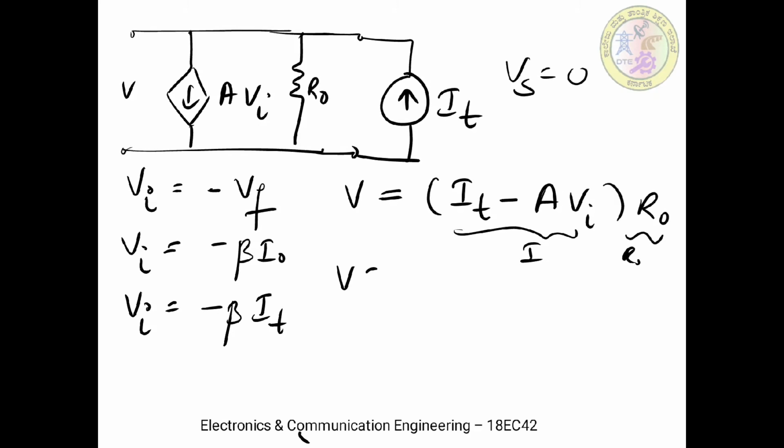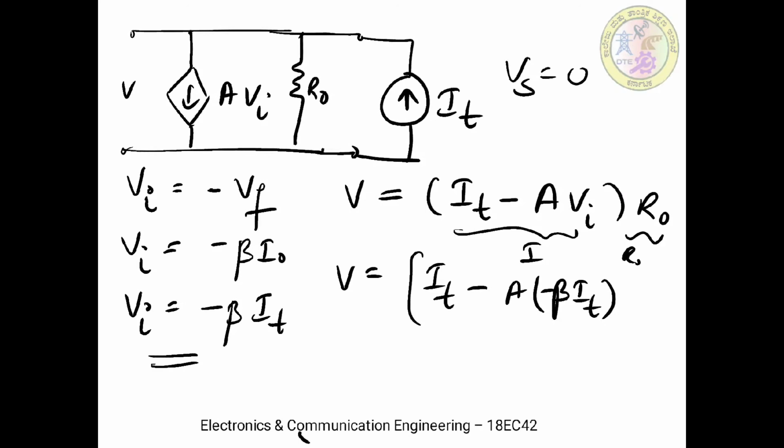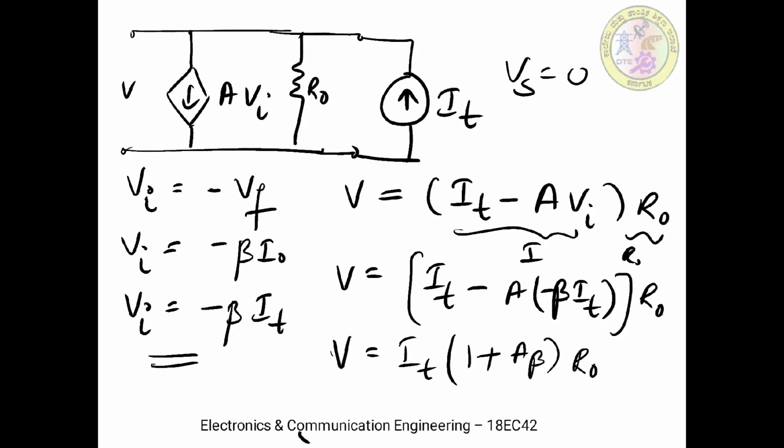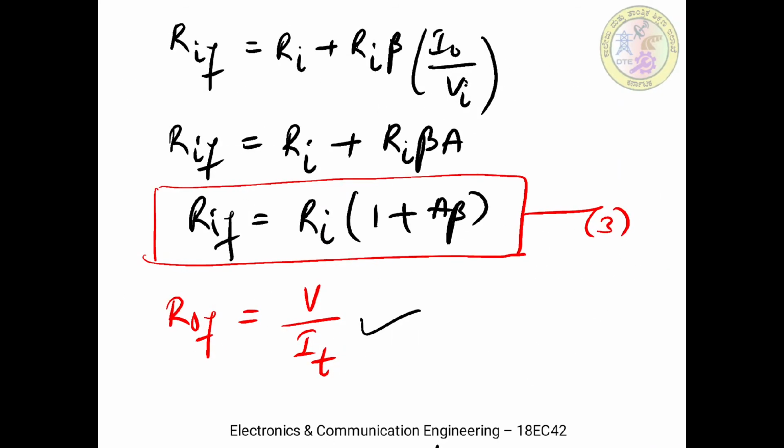Or V is equal to IT minus A into Vi, which we have just derived is equal to minus beta times of IT, and this into R0. So V is nothing but, we can take IT common here, 1 plus A beta into R0.